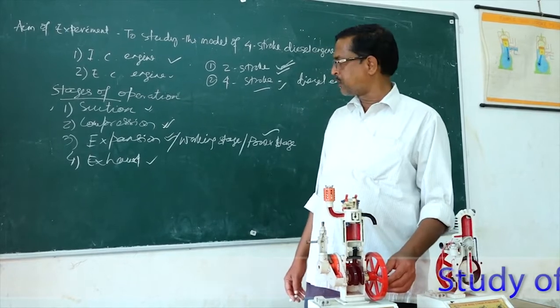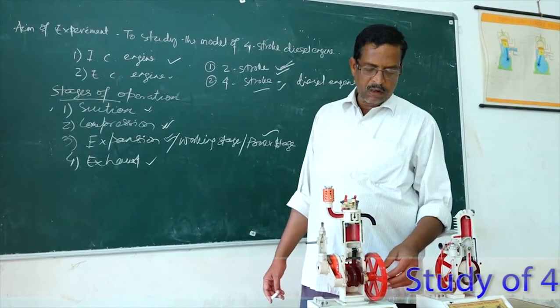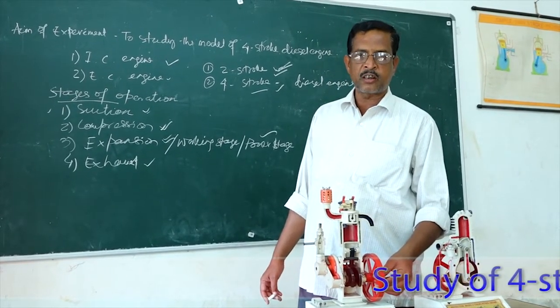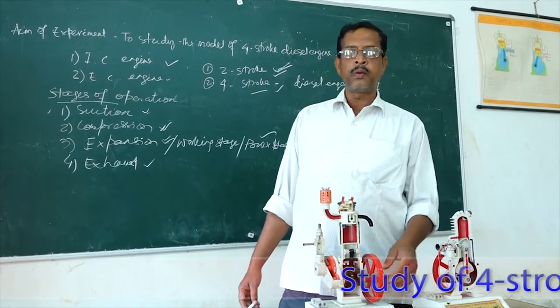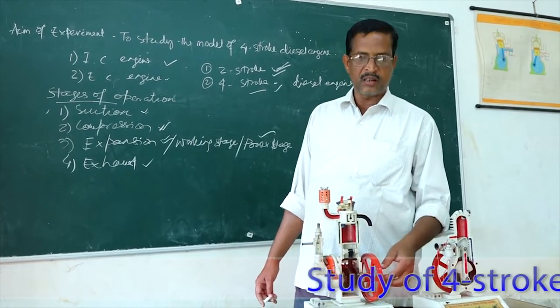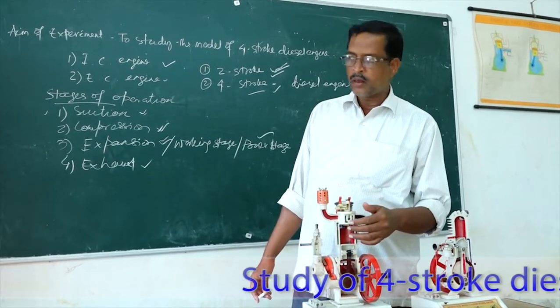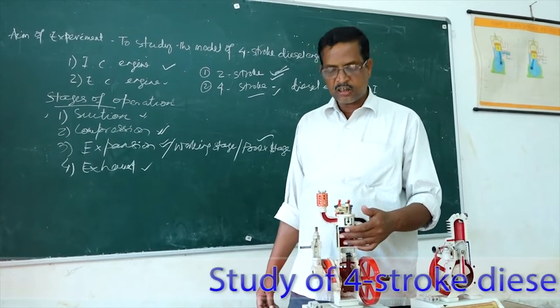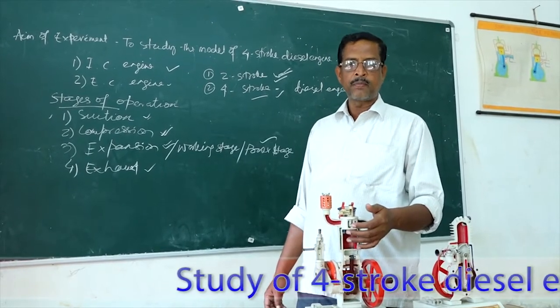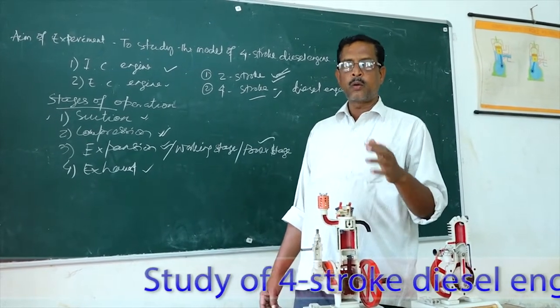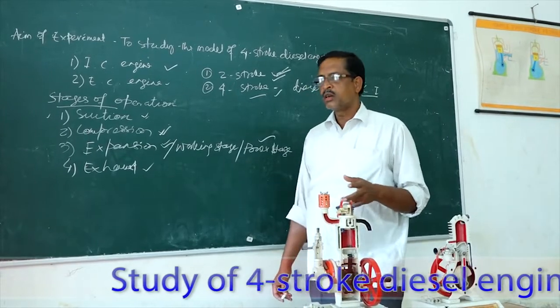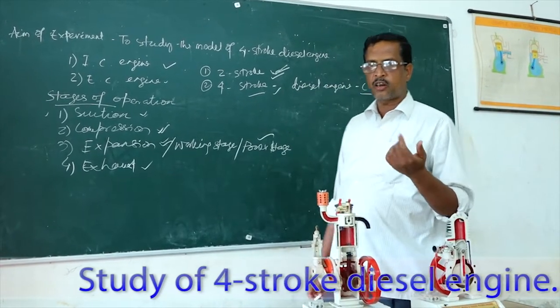After the expansion, the burnt gases are exhausted through the exhaust port, and the piston moves from BDC to TDC. There are two valves. One is the inlet valve, and the other is the exhaust valve.